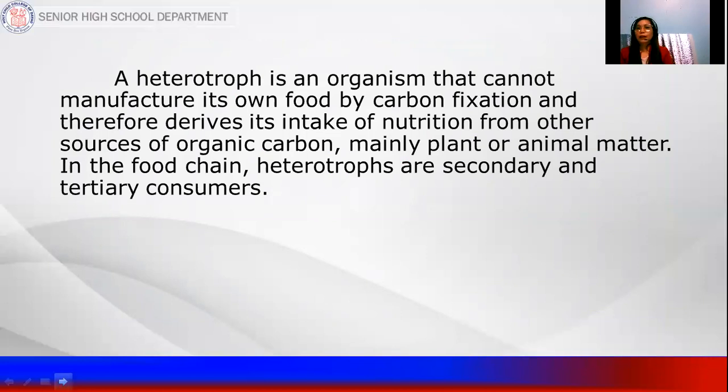In short, a heterotroph is unable to produce its own food through photosynthesis, but it can get carbon from plant or animal matter.